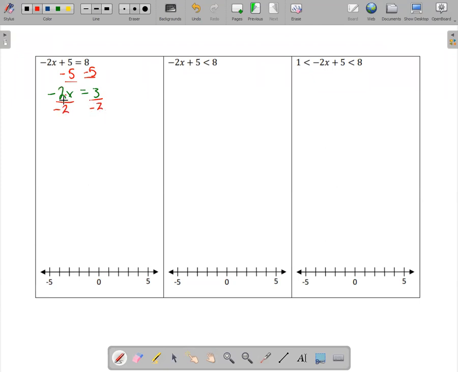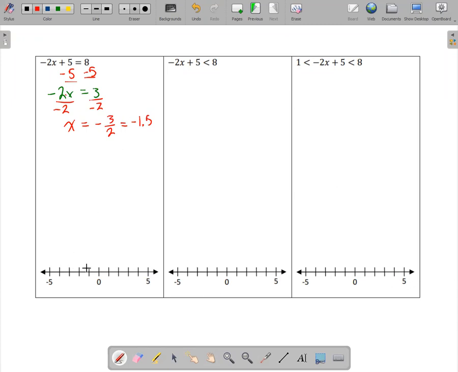Negative 2 divided by negative 2 is 1. X is just x. And on the other side, positive over a negative is a negative 3/2, which you could call negative 1.5 also. And again, if you flip an equals, it's still an equals, so the same rule applies, but it doesn't matter.